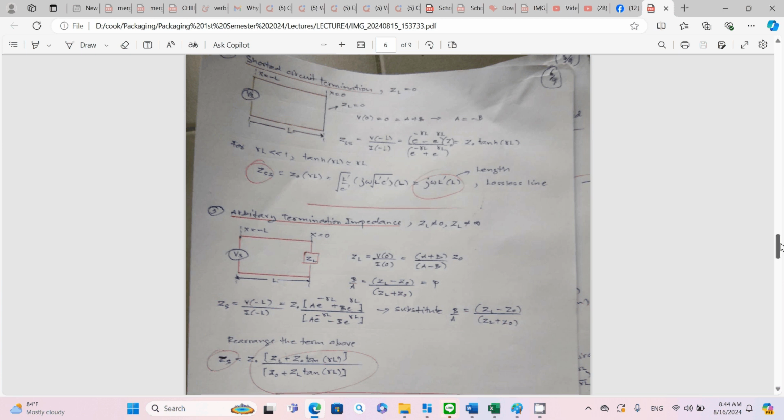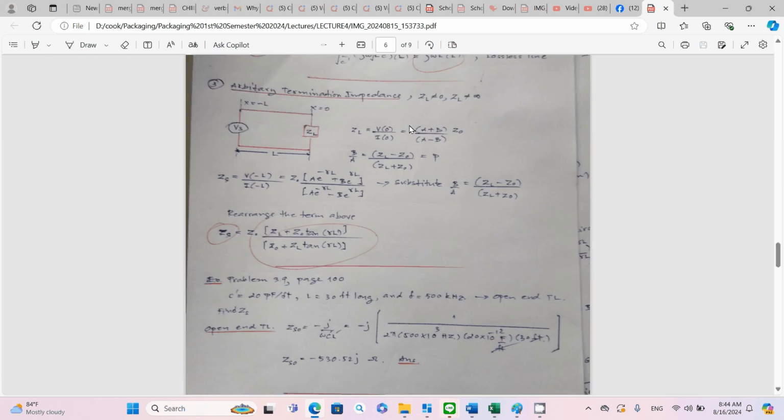Next, for arbitrary termination impedance, for your ZL not equal to 0, neither ZL equal to infinity. So you just work straightforward. At the load end, your ZL is simply equal to V0 over I0.